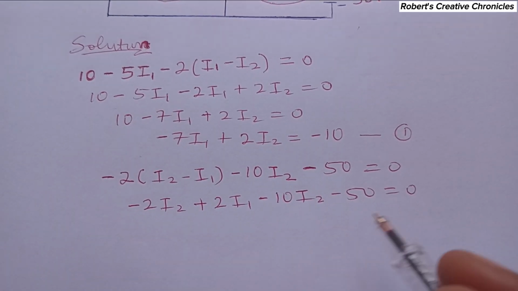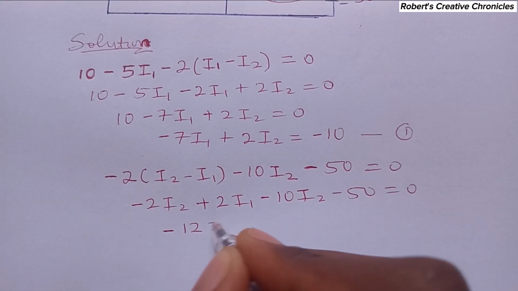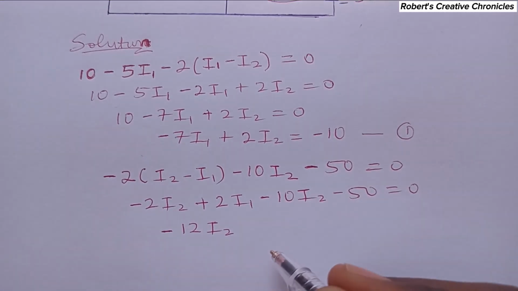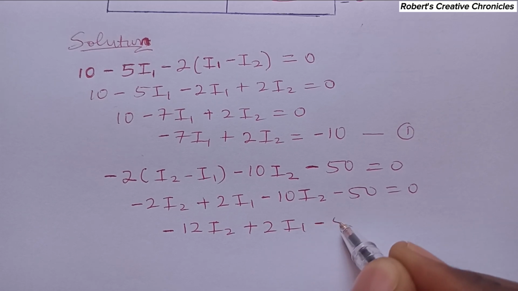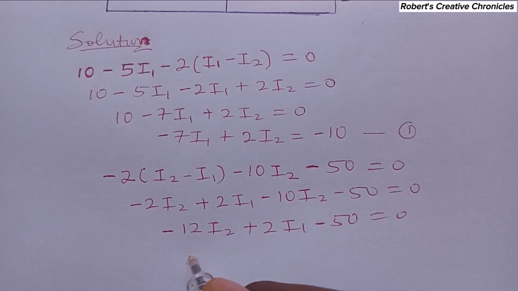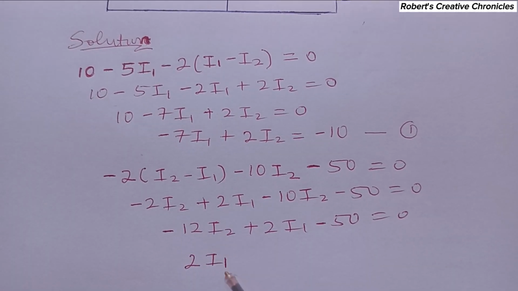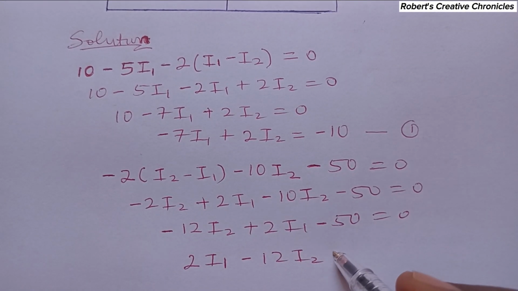So then we collect like terms. This is negative and negative, so it's negative 12 I2, and then plus 2 I1 minus 50 equals 0. So we can put I1 first to become 2 I1 minus 12 I2 equals 50.